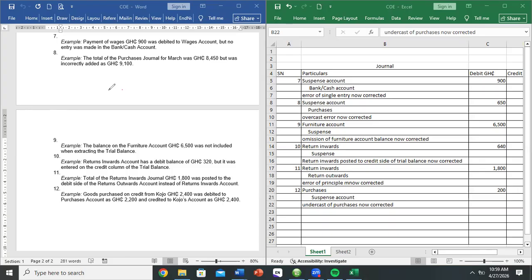So 2,400 has become 4,200. With transposition, you always see the figures being transposed, as in maybe the 1,000th figure has become the 100th or whatsoever.